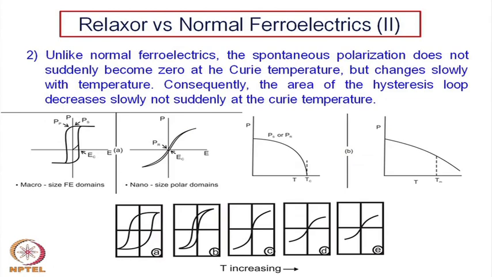The second point of difference is, unlike normal ferroelectrics, the spontaneous polarization does not suddenly become 0 at the Curie temperature, but changes slowly with temperature. Consequently, the area of the hysteresis loop decreases very gradually, not suddenly at the Curie temperature.